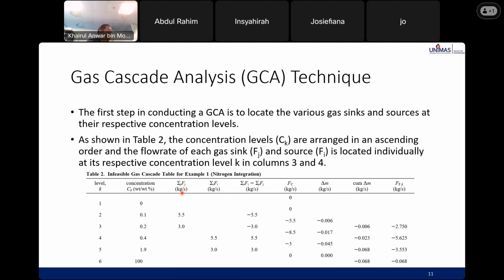So based on the limiting data in Table 1, this is Table 2, and we need to rearrange the streams according to concentration. So 0 is the fresh feed, pure nitrogen, followed by 0.1%, then 0.2%, then 0.4%.